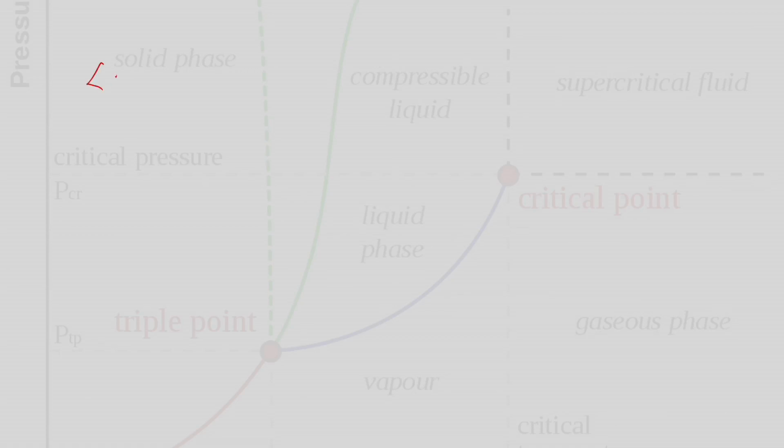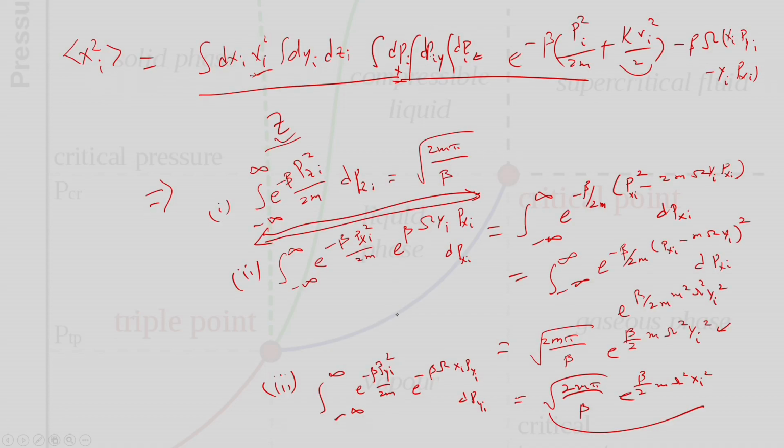So, my x_i squared average is nothing but the integral dx_i x_i squared times e raised to beta by 2m omega squared x_i squared. That comes from there, and there is this term, and that is all, and then I am done, because I do not have anything else.